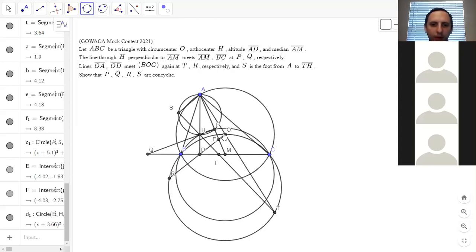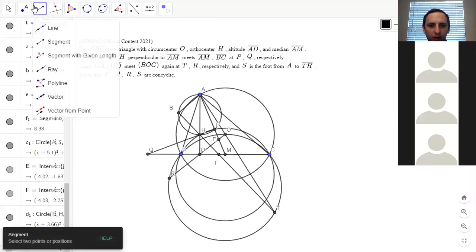Oh, I think the Dumpty point is you have to draw the circle with diameter AO, right? And see where that meets. I think that's how you do it.